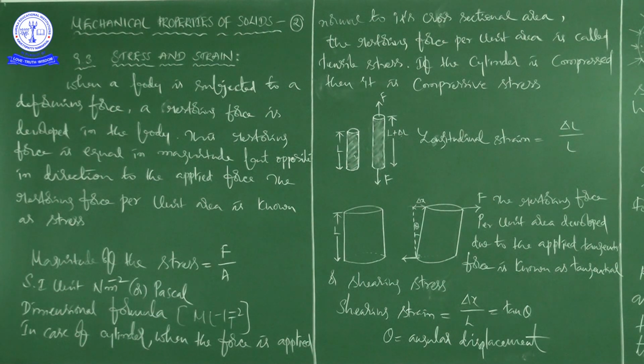Here we are going to get 3 different types of stress, similarly 3 different types of strain. And for all 3 different types of stress and strain, we need to remember and memorize the formulas. Okay, right. So first, stress and strain.